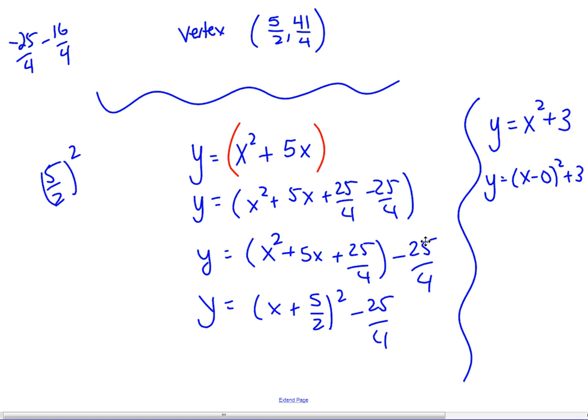Would you agree? Because that's still the same thing. So that is vertex form and standard form at the same time. So when there is no x, it's just x squared and a constant, it's kind of in both forms at the same time. That is your y-intercept, which happens to also be the y value of your vertex. Okay, when there's no horizontal shift, that's why there's no horizontal shift.